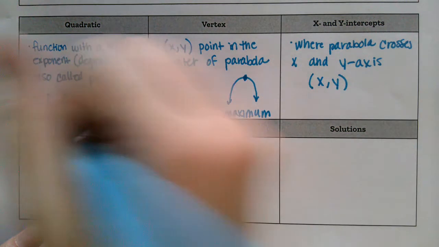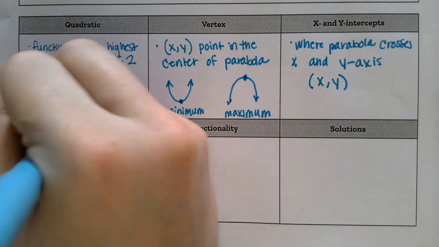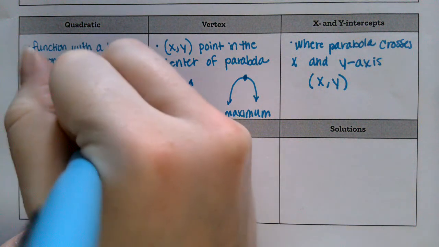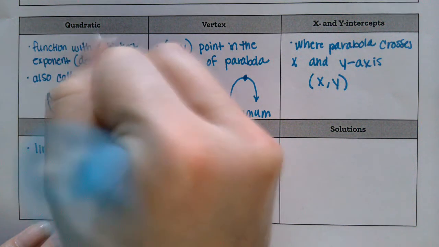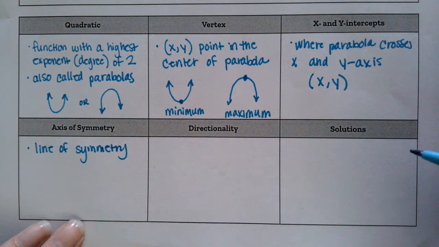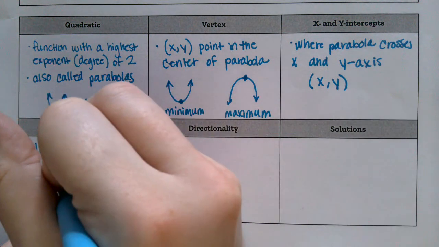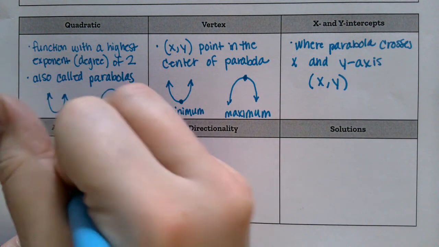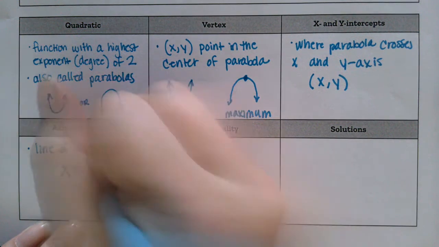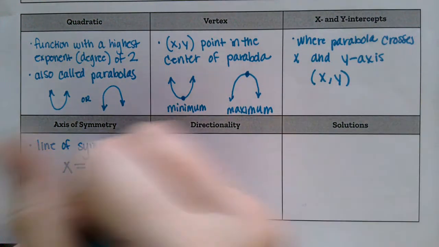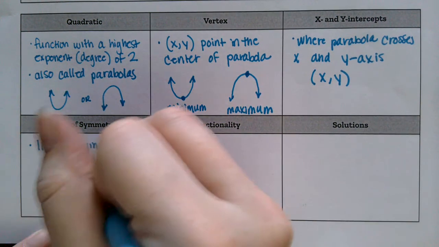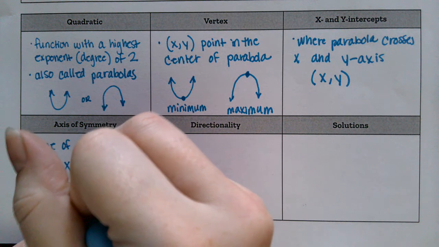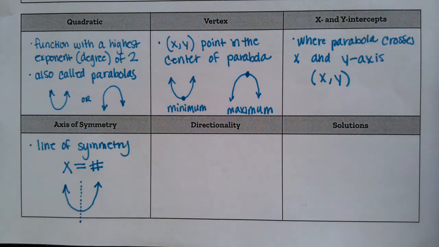Next is our axis of symmetry, which is also called the line of symmetry. It is always an equation, x equals a number. It's the x value that goes down the center of your parabola, basically dividing your parabola in half.